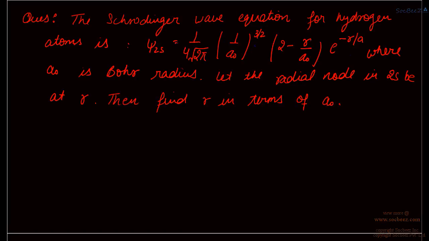Well, this problem might seem a little complicated because the Schrodinger wave equation is given, but here we just need to understand a few concepts that we discussed during the discussion of concepts, that at a node the value of psi square is 0.